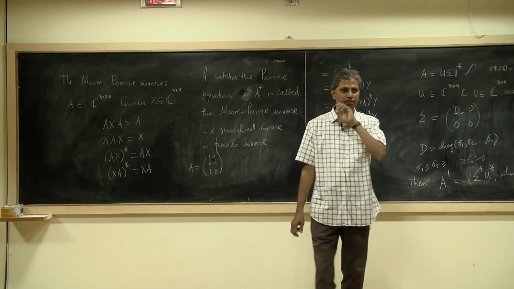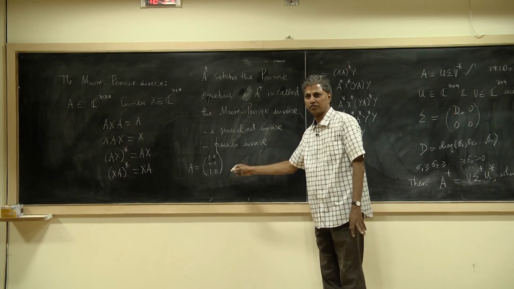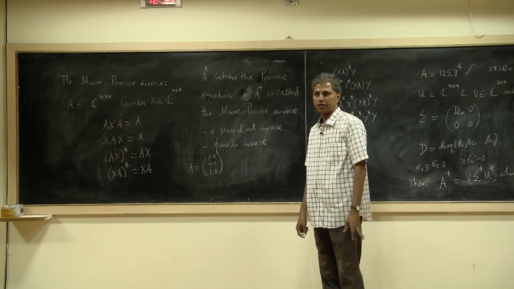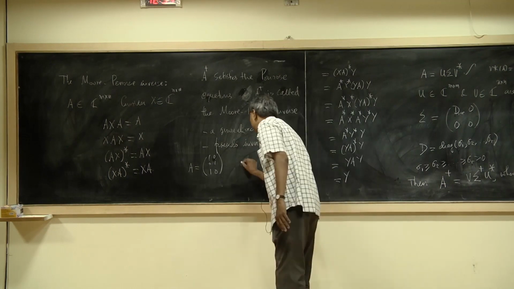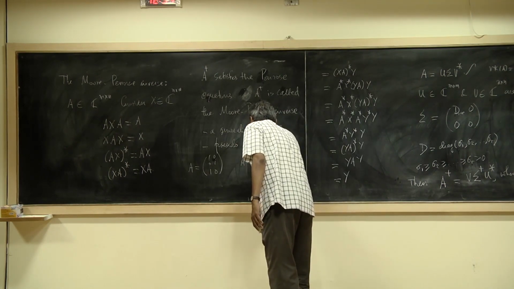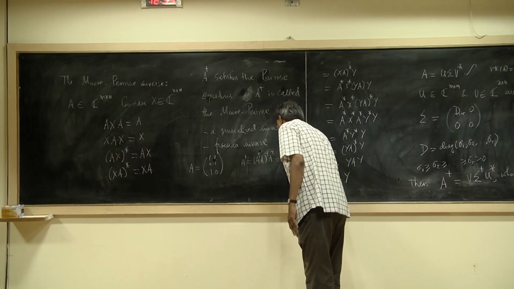Some linear algebra quickly. Columns are linearly independent. So null space of A is singleton 0. Look at A transpose A. It's a square matrix, it's invertible, and one can compute that the Moore-Penrose inverse is A transpose A inverse A transpose. If I am right in this example, it will turn out to be A, but just check.